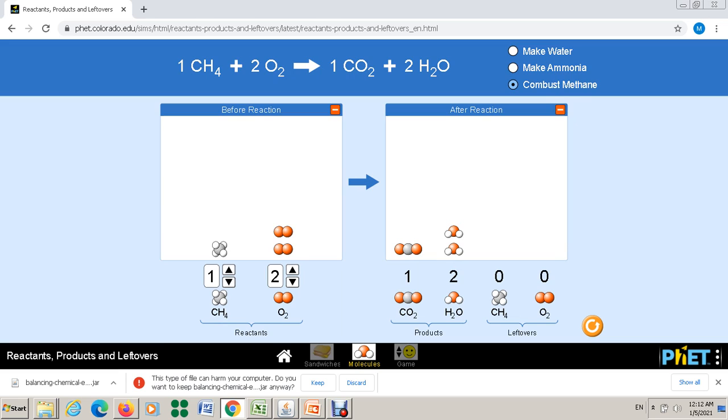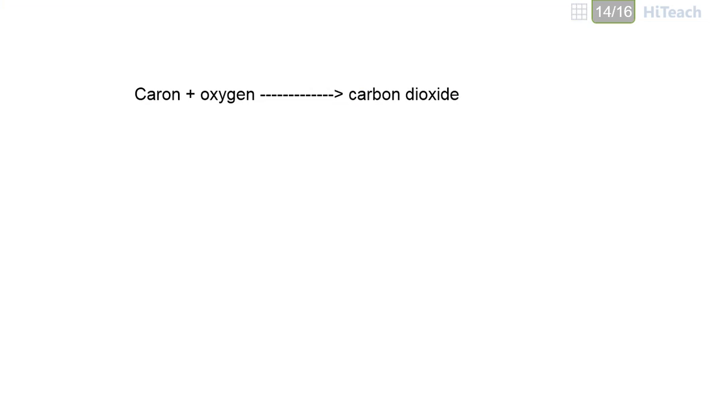Let's look at this example. You have this equation, carbon plus oxygen. That will give carbon dioxide. Carbon, which is C, is the chemical symbol used to make the chemical equation. The C is the carbon, plus oxygen.